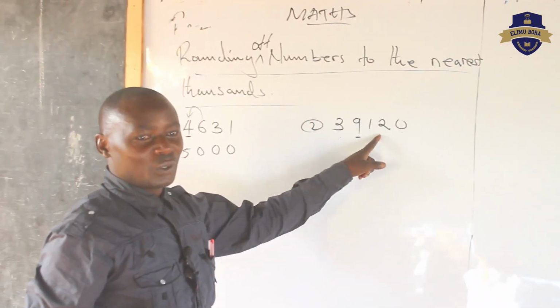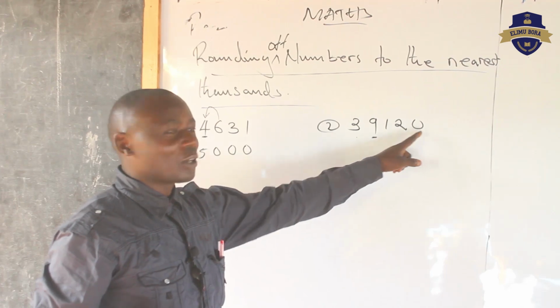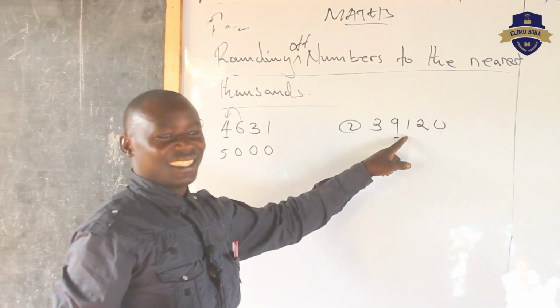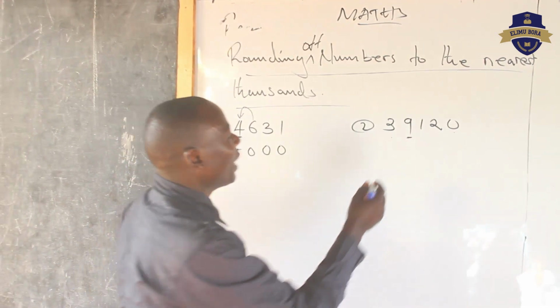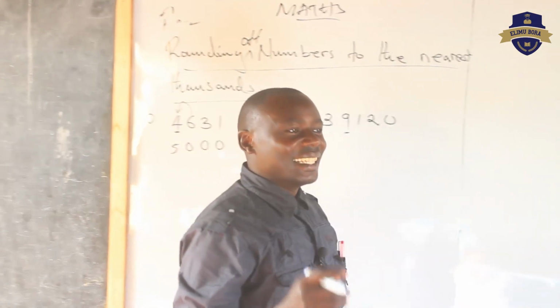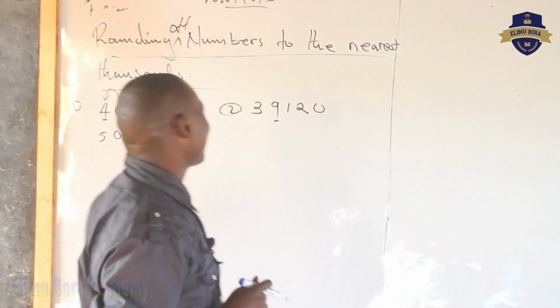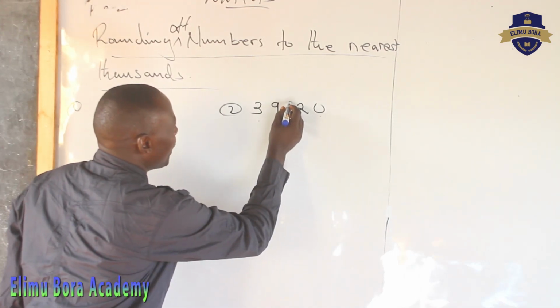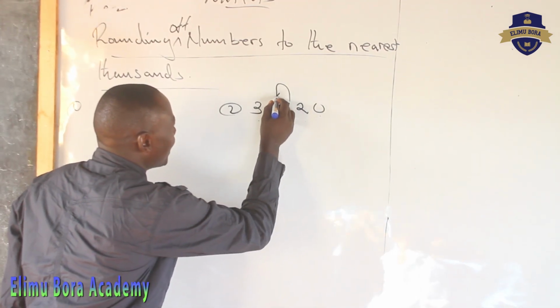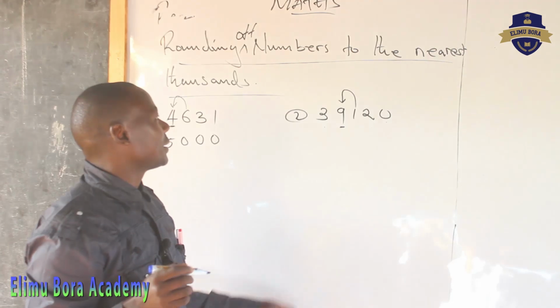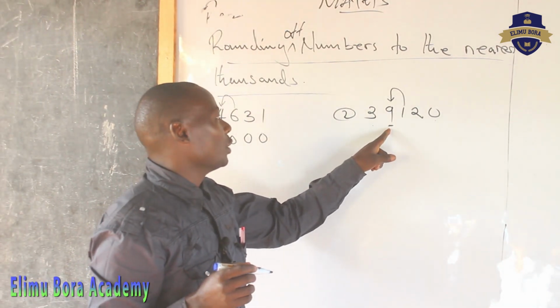So which number are we supposed to consider so that we round off? 2, 0, 1, isn't it? So we are supposed to consider 1. Is 1 greater than 5 or less than 5? Less than 5. Very good. So here you must show that arrow. That arrow shows that you have identified the place value of 9.